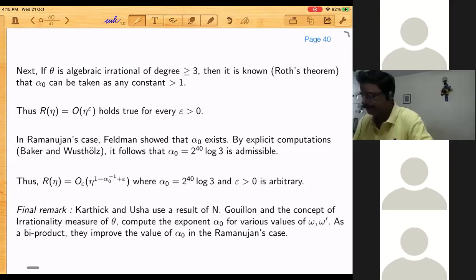So it gives a lower bound for a certain quantity, and also the concept of irrationality measure as defined before. And they study theta very closely for various values of omega and omega prime, so for various log A's and log B's, all right? And that's how they obtain explicit constants alpha naught in each of the cases, all right?